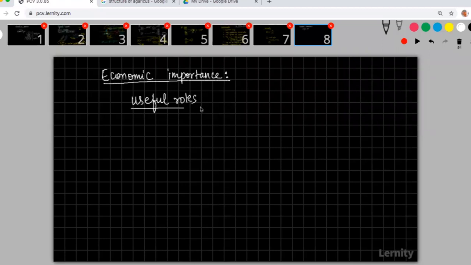What are the useful roles? First thing, it is used in the alcohol industry. Which organism is used?